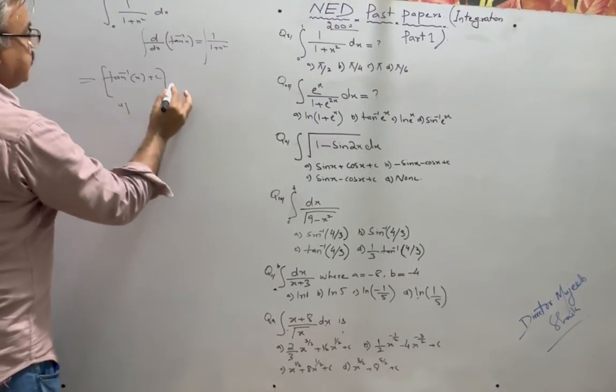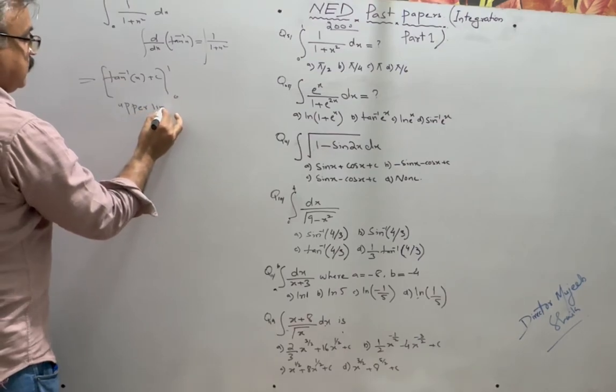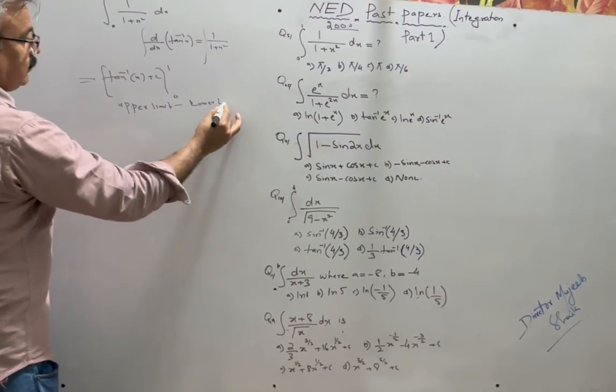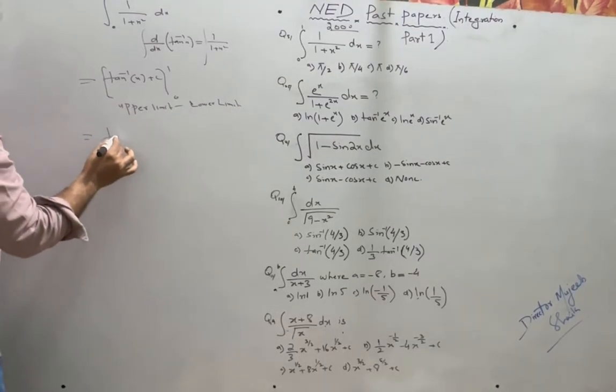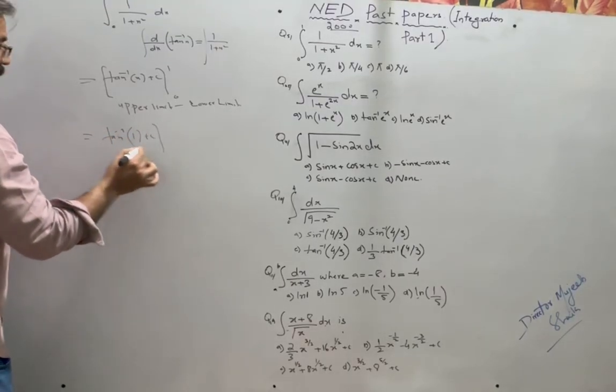Here let me write the limit same, 0 to 1, upper limit minus lower limit. Instead of x, plug in the values 1 and 0: tan inverse of 1 plus c.